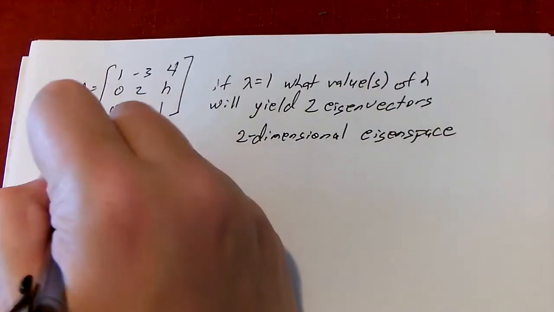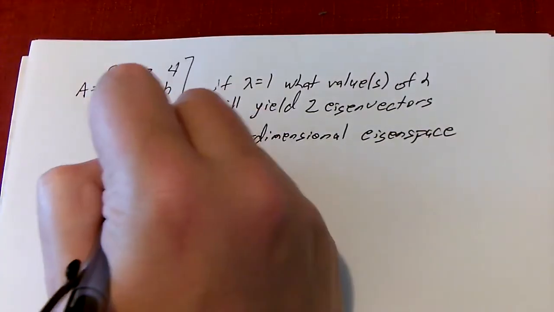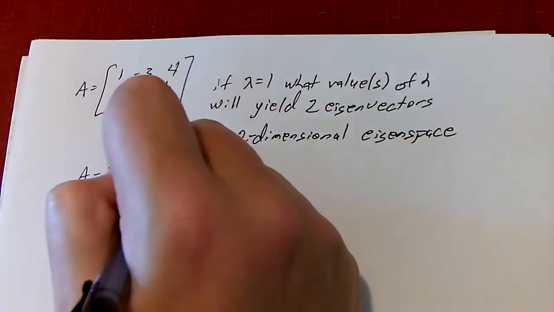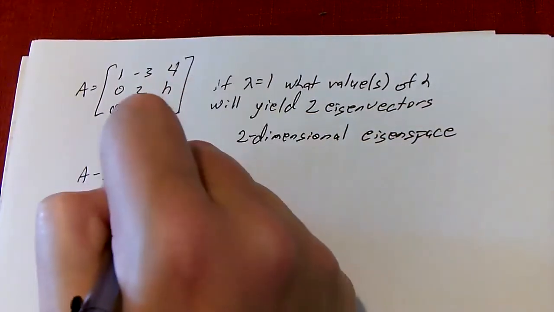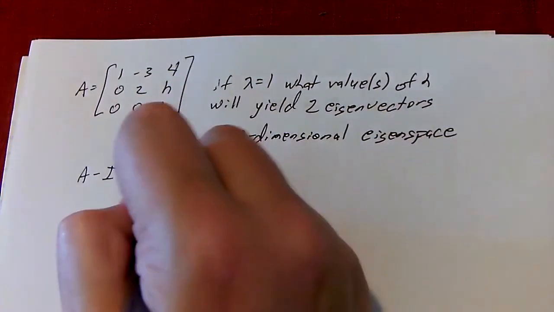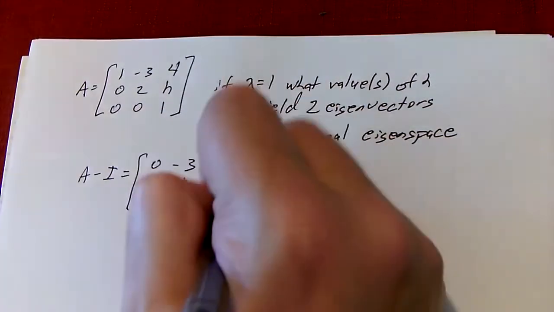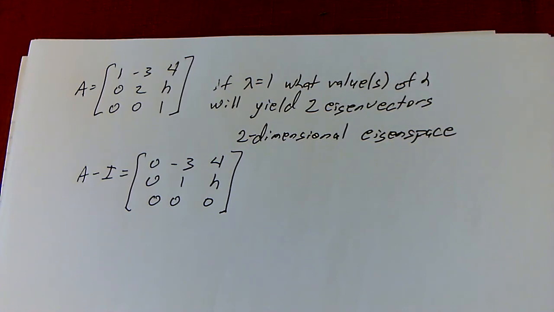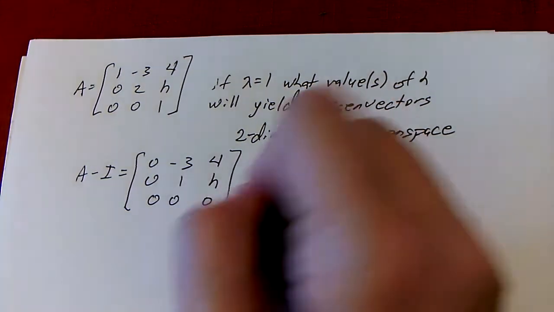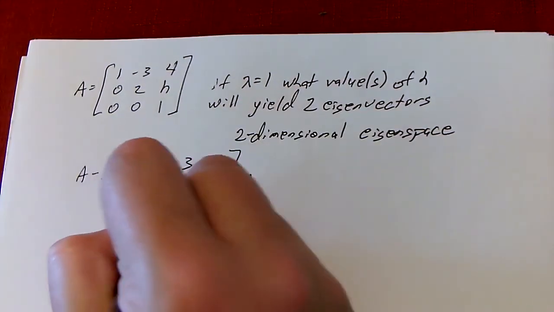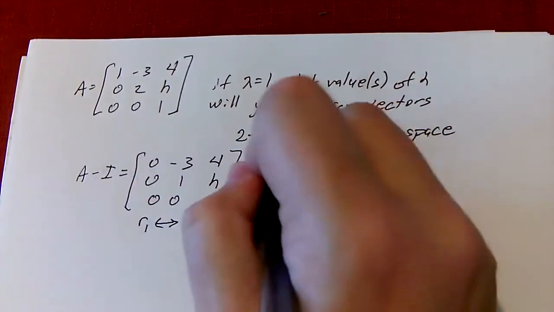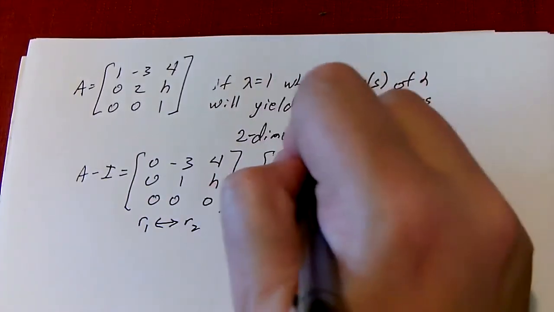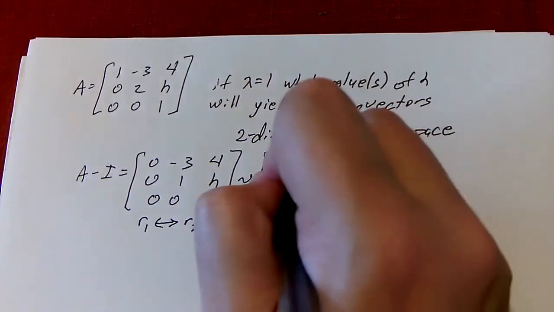Okay, so I know I'm looking at lambda equals 1, so I want to do A minus I. A minus I is going to give me 0, negative 3, 4, 0, 1, H, 0, 0, 0. Since I've got the 1 here, I'm just going to switch row 1 and row 2, because it's going to give me 1 in a more advantageous position.